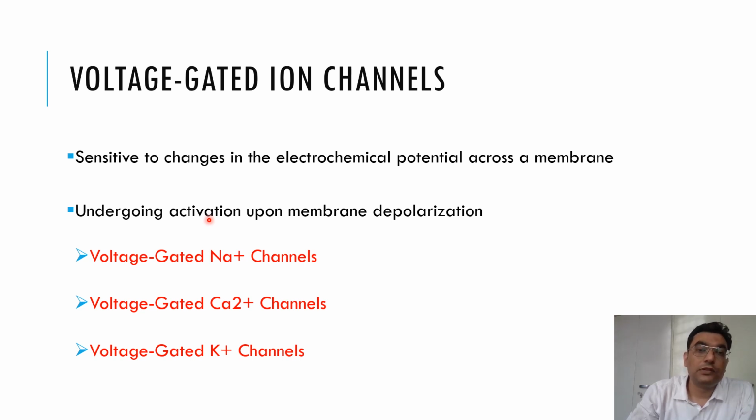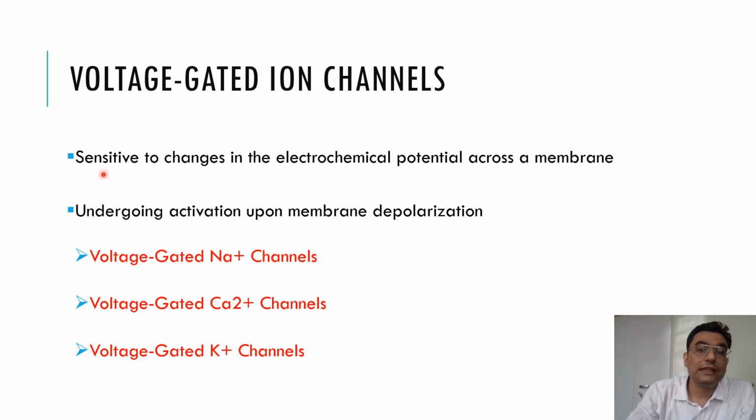There are some channel proteins known as voltage gated ion channels. They are for the movement of ions, and they are voltage gated, meaning when there are changes in the voltage, the gate opens and there is movement of ions.